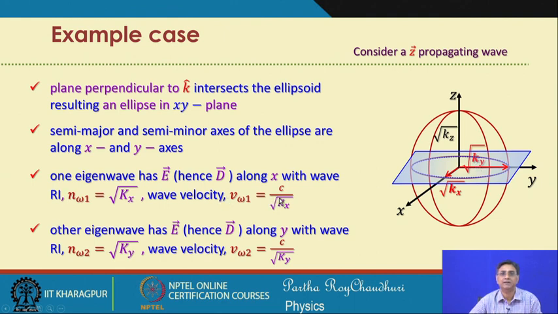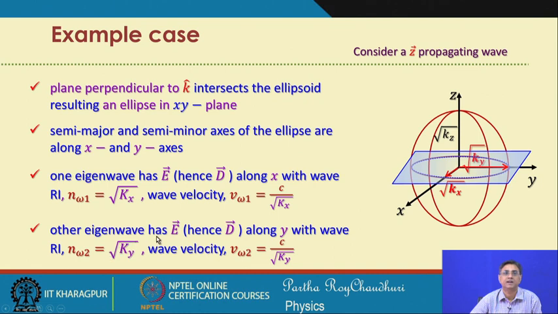So, one eigen vector will be along the x axis, that is n omega 1 will be under root of k x, and the wave velocity corresponding to that eigen vector will be given by c by under root of k x.